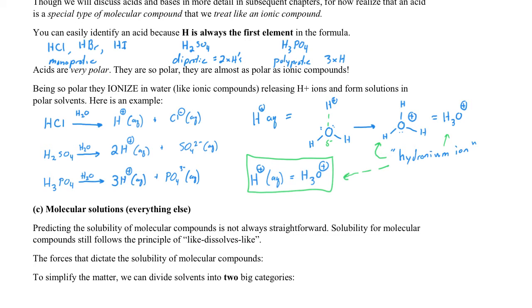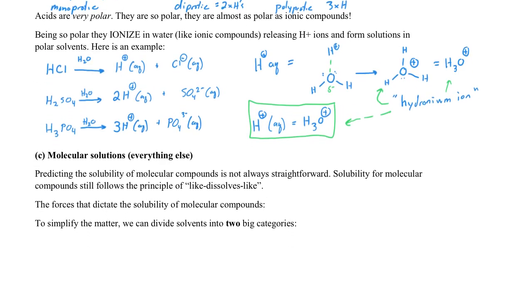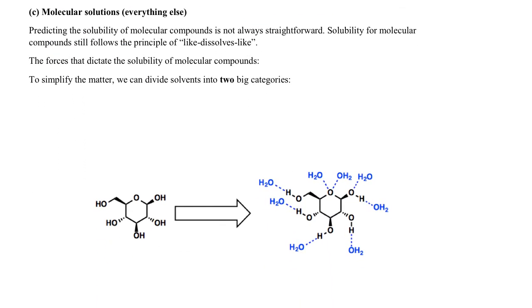What about everything else? We call these molecular solutions. Solutions that are made up of not ionic compounds or acids, but molecules, things that involve all nonmetals bonding together in compounds. Now, predicting the solubility of molecular compounds is not very straightforward. That's because there's a lot of variability in this class of compounds.